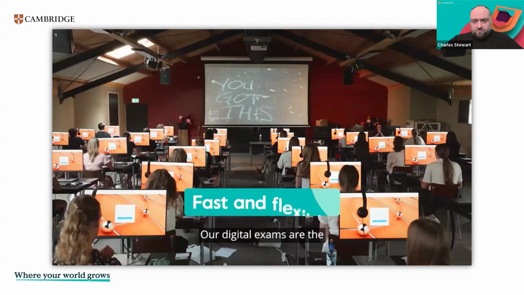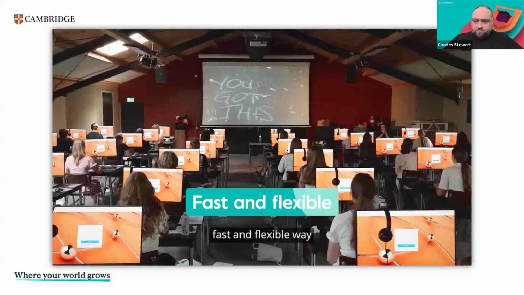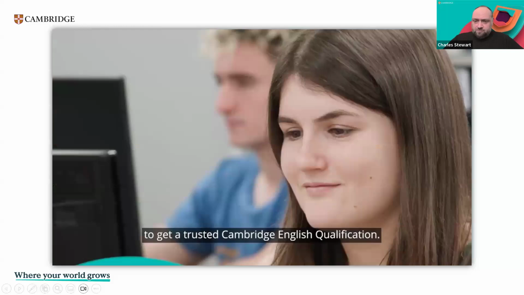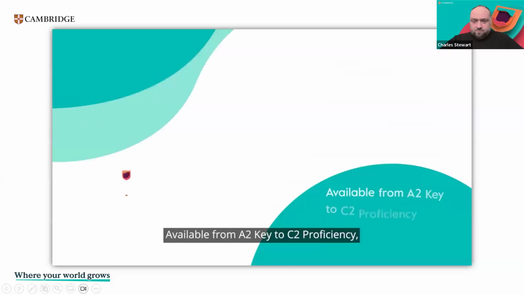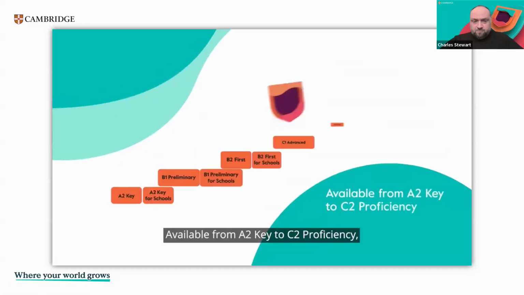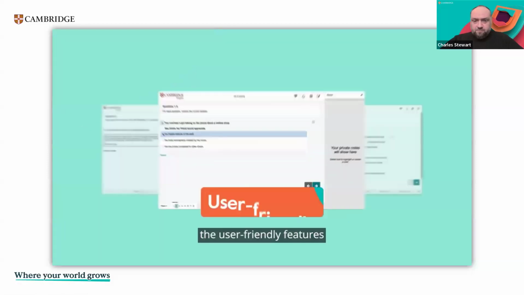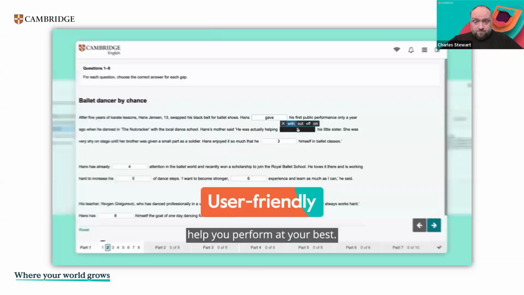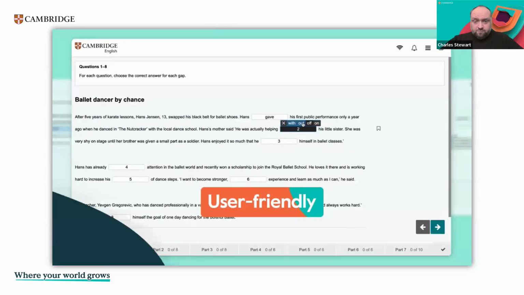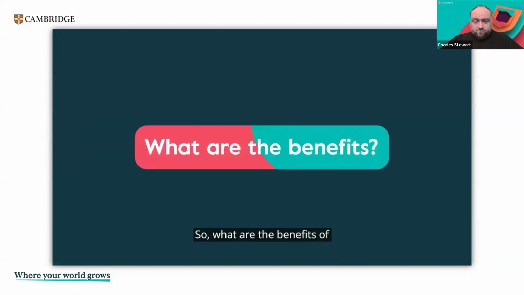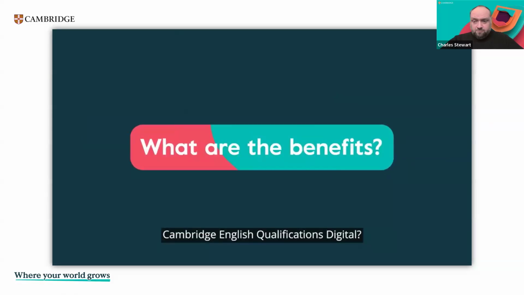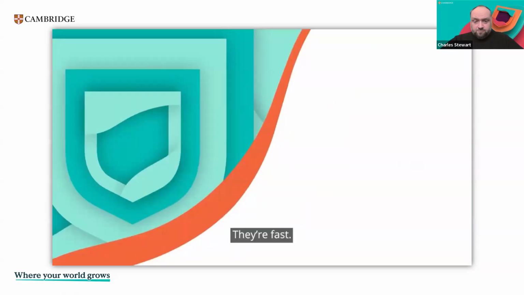Our digital exams are the fast and flexible way to get a trusted Cambridge English qualification. Available from A2 Key to C2 Proficiency, the user-friendly features help you perform at your best. So, what are the benefits of Cambridge English Qualifications Digital? They're fast.